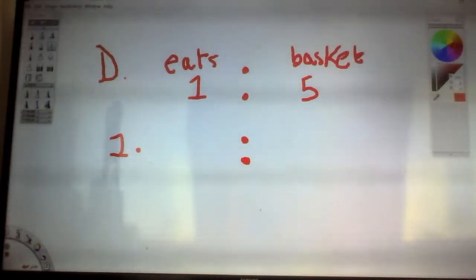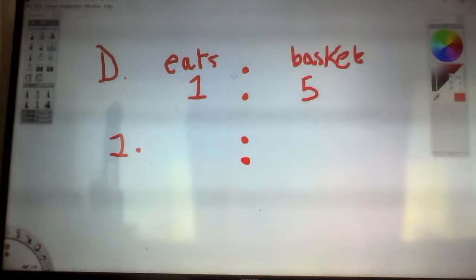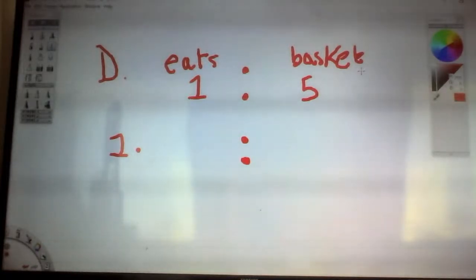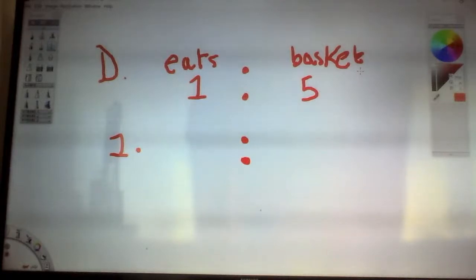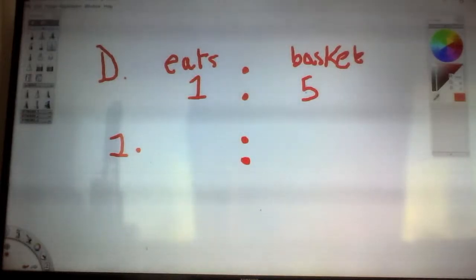Look, we've written down the information from above and turned it into a bit of mathematics. Each one puts 5 in a basket. So the ratio of strawberries in the basket to strawberries eaten is the other way around. If you were to write this down as your answer, that would be wrong.